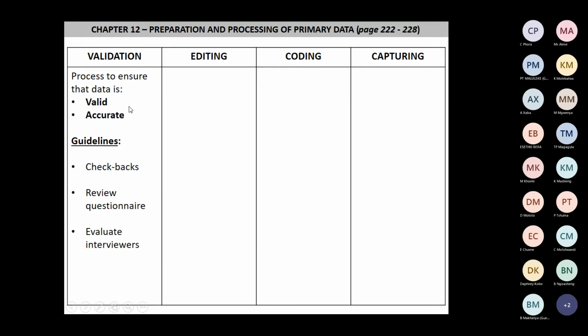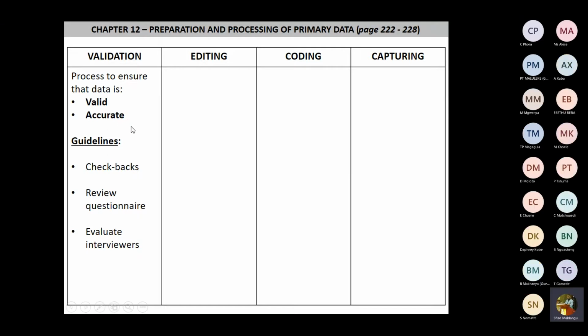For example, most of the time interviewers or field workers become too pressured with the workload or achieving the quotas that are part of their responsibility. For example, if they had to interview 30 respondents in one day, and it's getting late and they've already interviewed maybe 15, sometimes they take the remaining questionnaires home and complete them themselves. So that data becomes invalid because it's not accurate, first of all. So we must validate the data first.